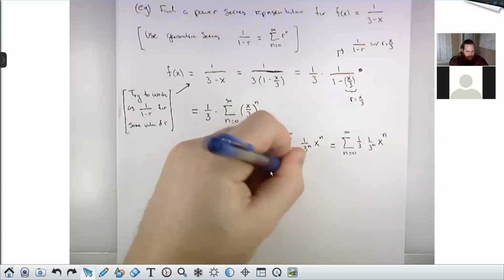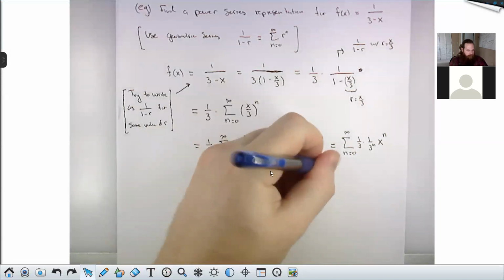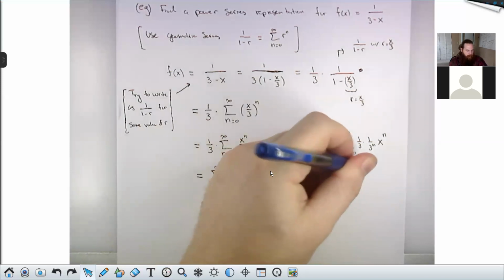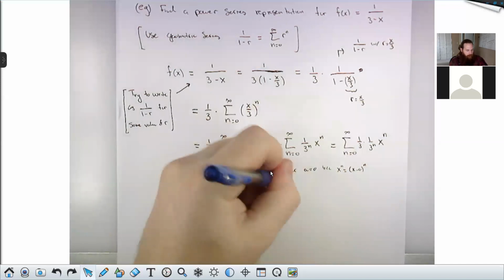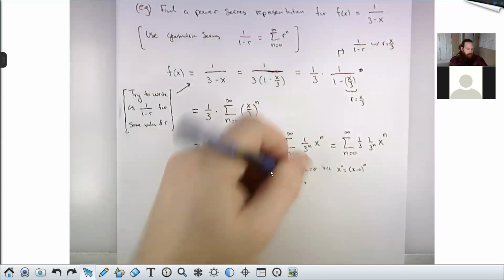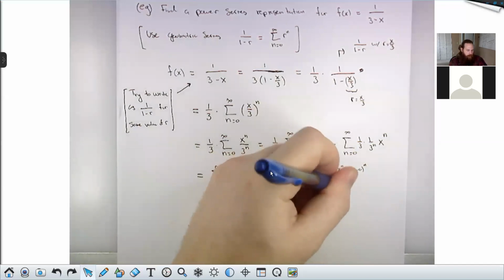Here my center is a equals 0 because x to the n is the same as x minus 0 to the n, and my coefficients Cn are 1 over 3 to the n plus 1.